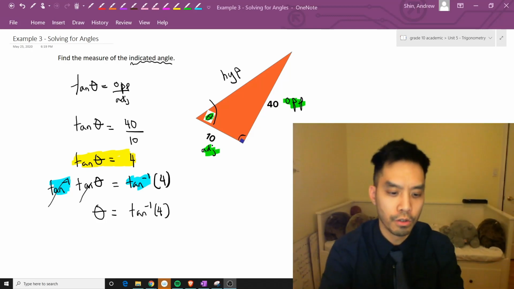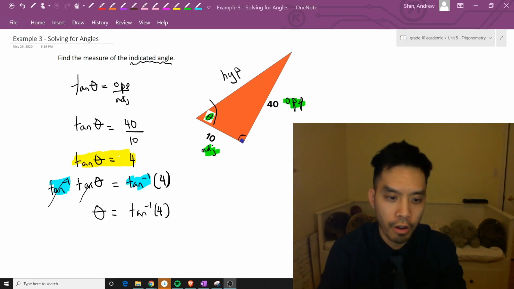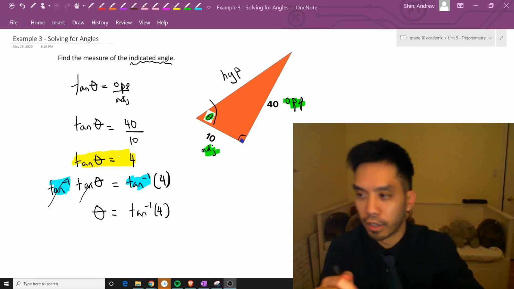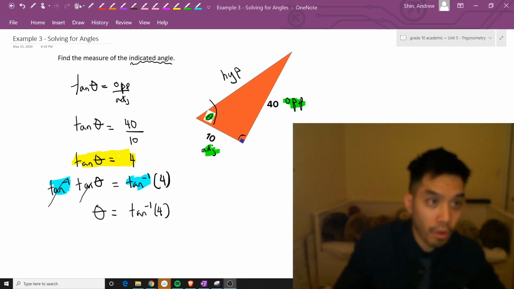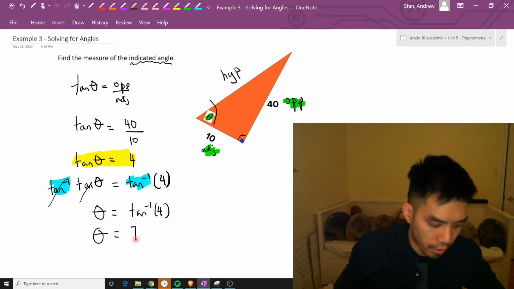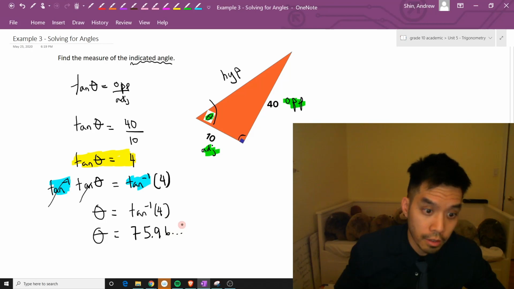So I'm going to do tan inverse 4, and I get 75.9. Right there is our answer: 75.96 degrees.